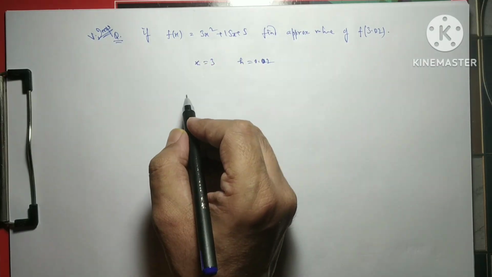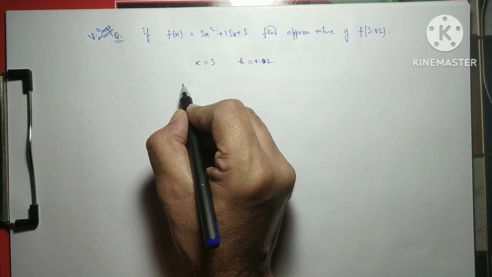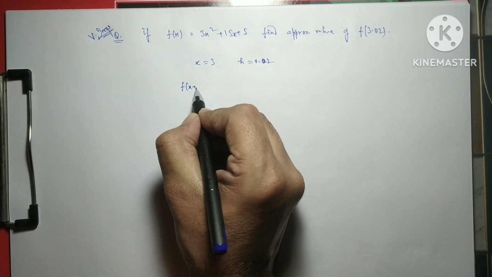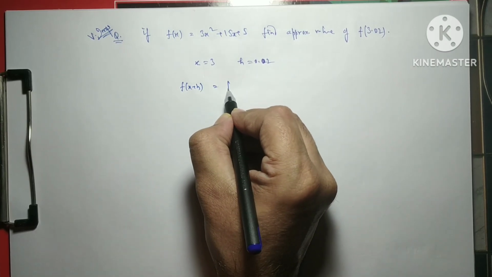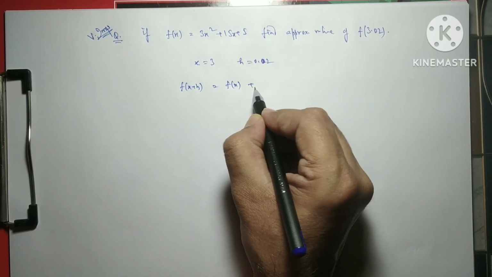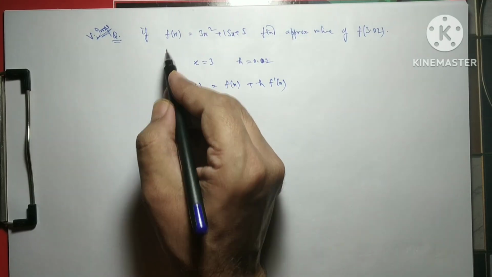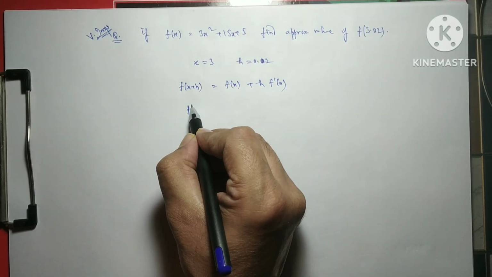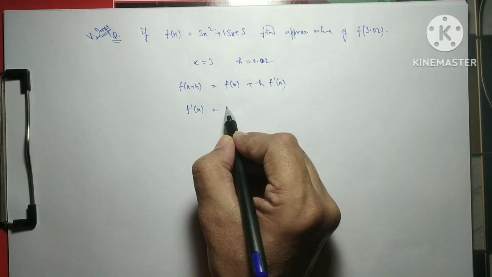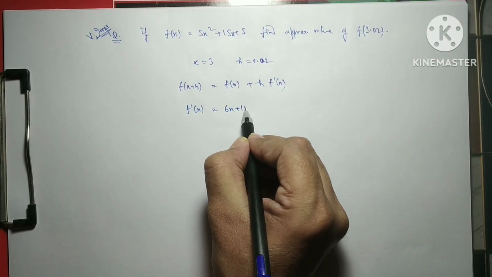So the function is this: f(x + h) = f(x) + h f'(x). The derivative of this function is 6x + 15.